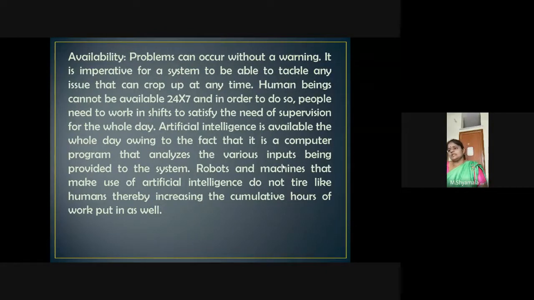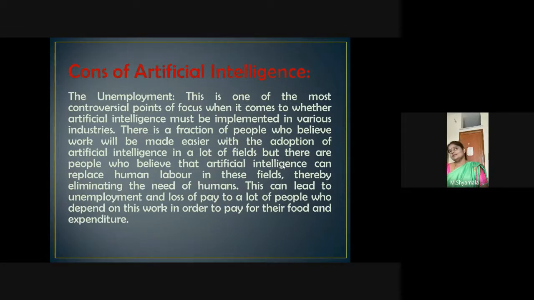But artificial intelligence is available for a whole day owing to the fact that it is a computer program that analyzes the various inputs provided to the system. Robots and machines that make use of artificial intelligence do not tire like humans, thereby increasing the cumulative hours of work put in as well. But artificial intelligence also has many drawbacks.